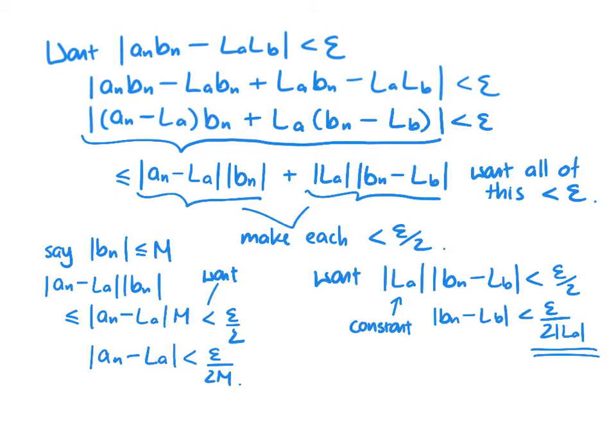We should be able to go out far enough in the sequence a_n so that a_n minus L_a in absolute value is less than epsilon over 2M. We know M exists because b_n converges, right? We know L_a is this constant that exists because a_n converges, right? So all of this information is coming into play here.